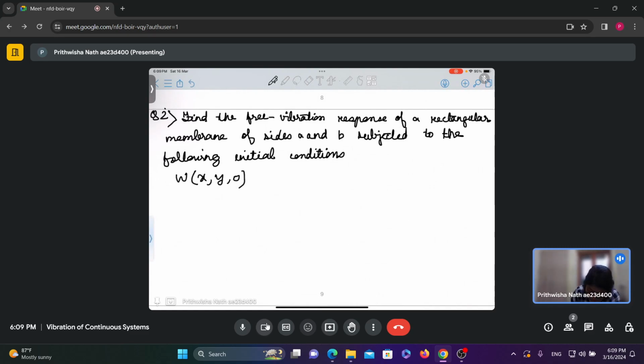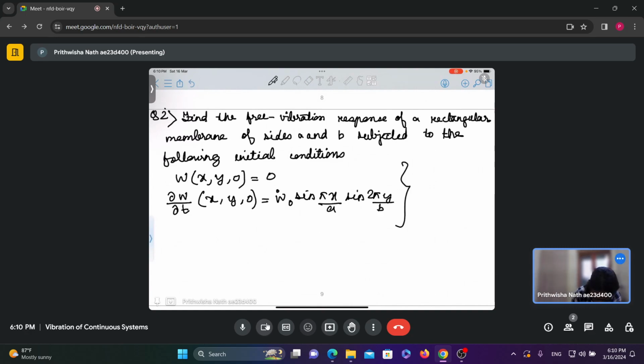Now W is 0 at time t equals 0, and partial derivative of W with respect to time at time 0 is given as sin pi x by A sin 2 pi y by B, for x from 0 to A and y from 0 to B.